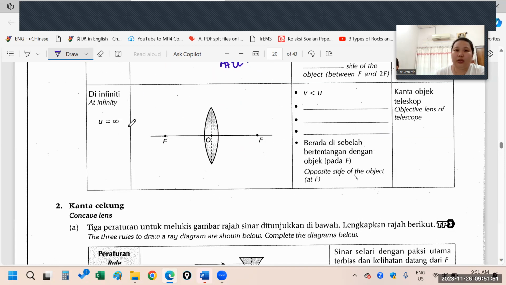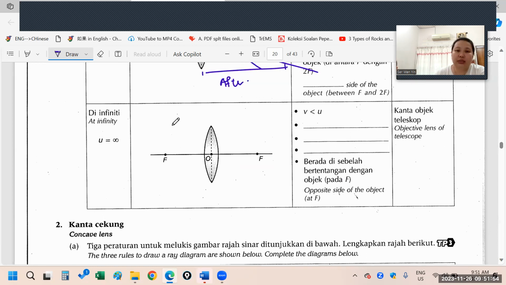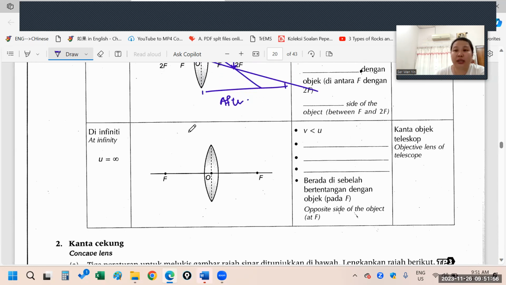Okay, so now the object in infinity means the light comes from very far away, so the light will go through. So this one we use F, K, C. When the light goes through F, make it like 20 degrees, when the light comes from far away.